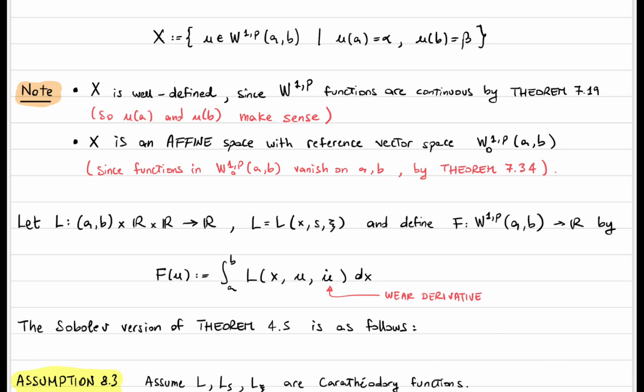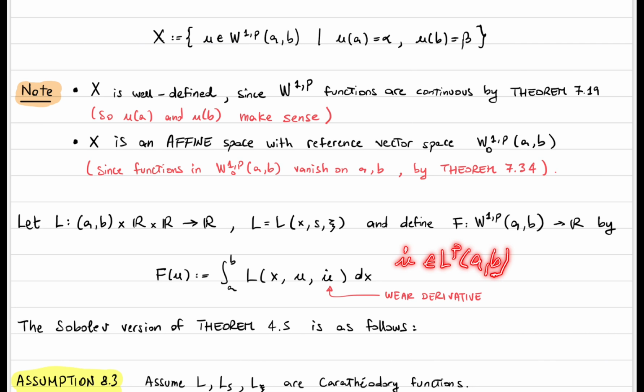This makes sense because, first of all, W^{1,p} functions are continuous, so you can always evaluate u of x at any point in the domain (a,b). Instead, for the derivative, u dot, this is just an L^p function, so it doesn't really make sense to evaluate this function at points, because this is a class of equivalence of functions.